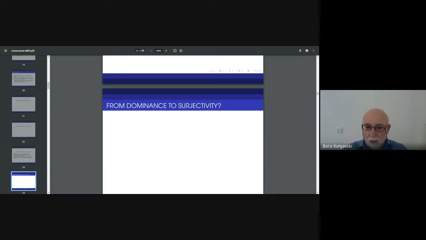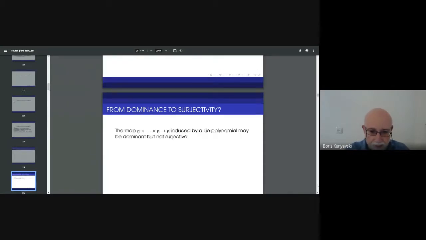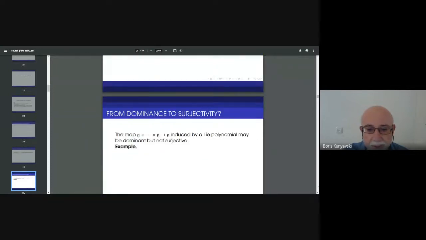So this is a meaningful question, whether there are examples of such maps. And it turns out that in this universe of Lie algebras, one can find such examples, which was also a sort of surprise for us.